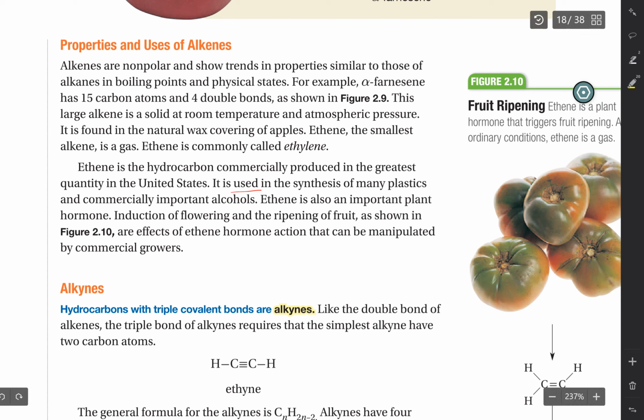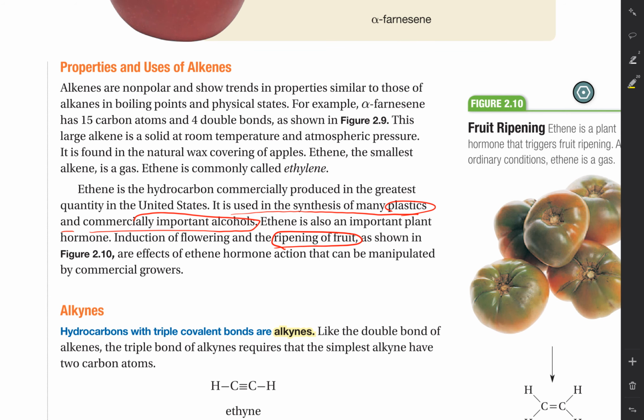It says it is used in the synthesis of many plastics and commercially important alcohols. So we use them as a precursor for making plastics and alcohols. Also, we use them as a hormone for ripening of fruits. These are two commercial uses of ethane. It is written on page 693.